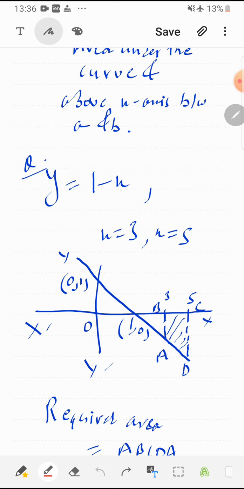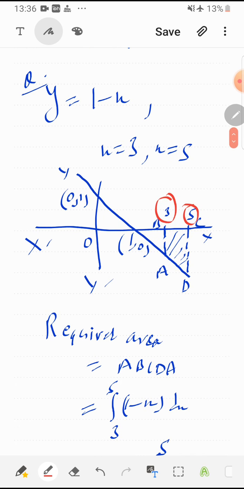Now x is equal to 3 and x is equal to 5, these are two values of x. As y is a function of x, we want values on the x axis or limits where we have to find the area. So I am giving names a, b, c and d, so that I can specify first of all what is my required area.